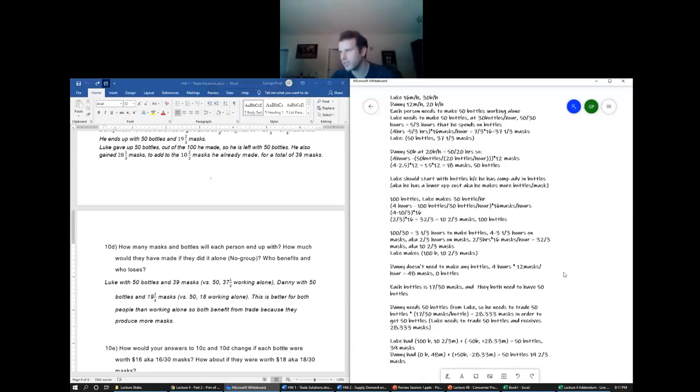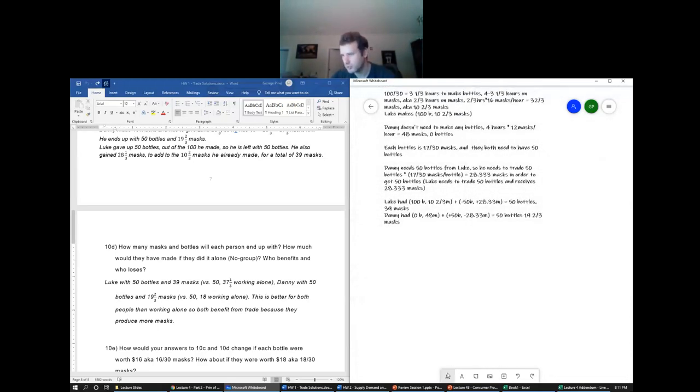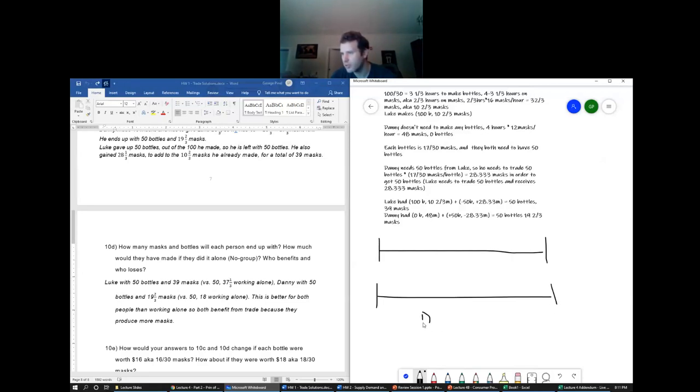So if I had a scale of opportunity costs, this is DOC, Danny's opportunity cost, and this is LOC, Luke's opportunity cost. Let's say this is masks per bottle, and this is their opportunity cost.